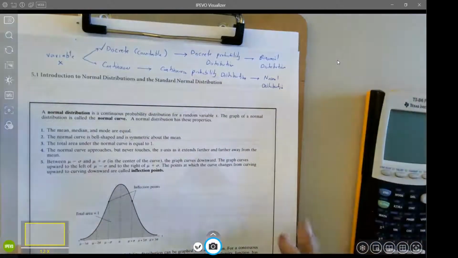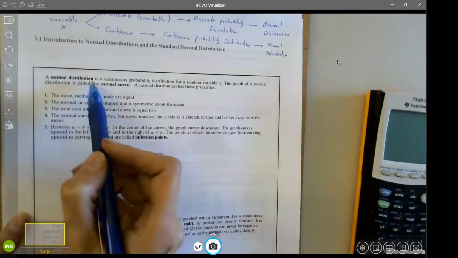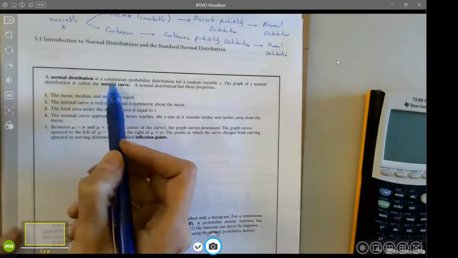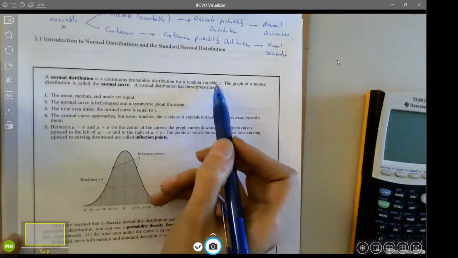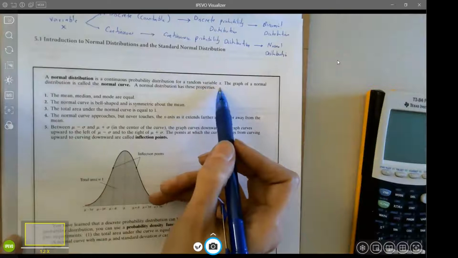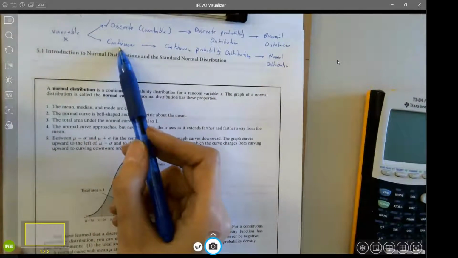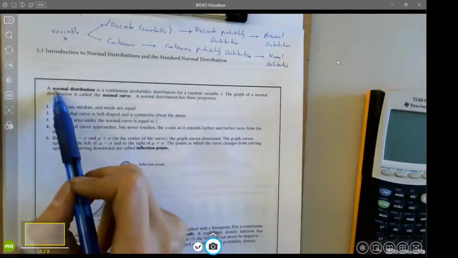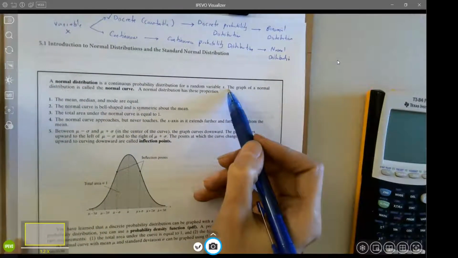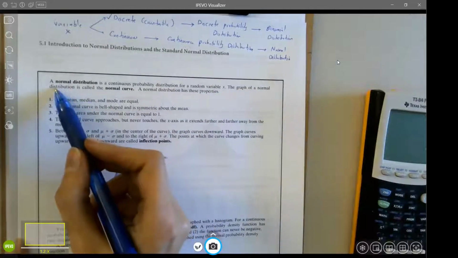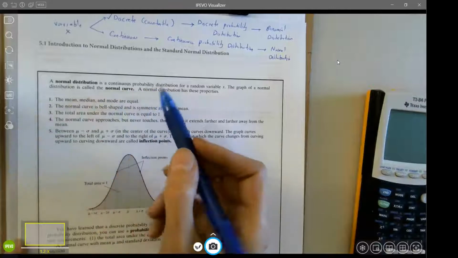So let's take a look at the definition. A normal distribution is a continuous probability distribution for a random variable X. So we have a random variable, it is continuous, and we form a normal distribution. The graph of a normal distribution is called a normal curve.